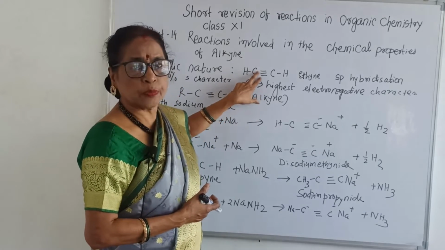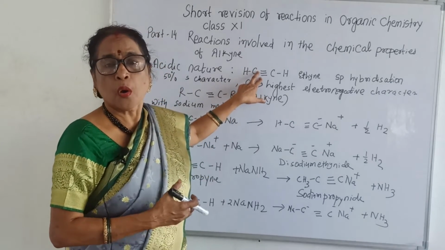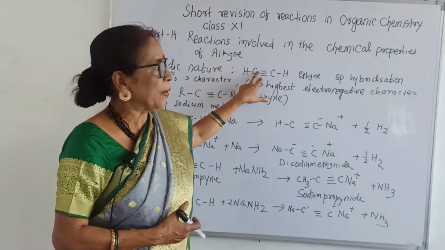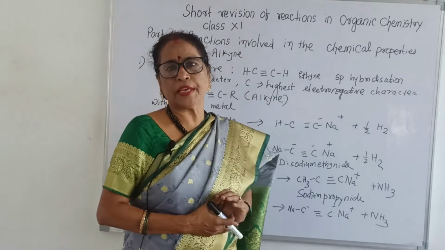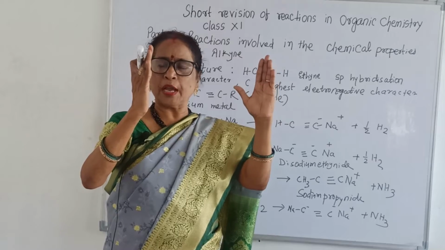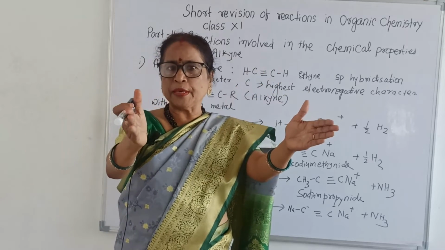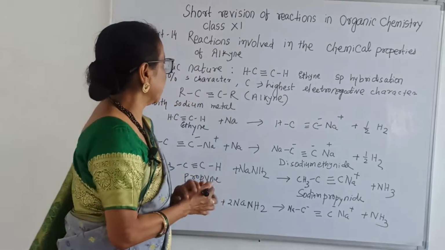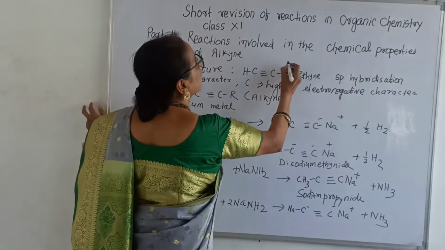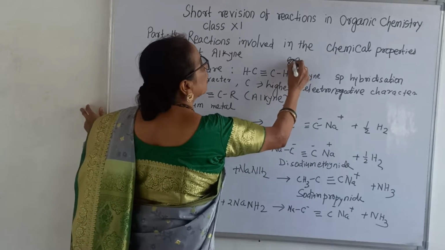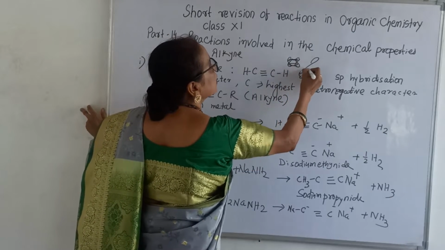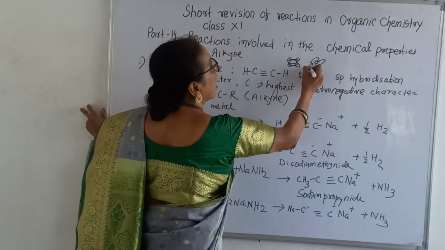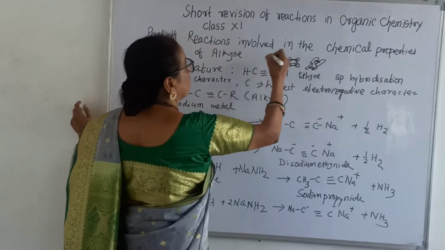Now these two are pi bonds, only lateral overlapping of py and pz. Here you can see py overlapping and another is pz overlapping, and this gives the pi bond.